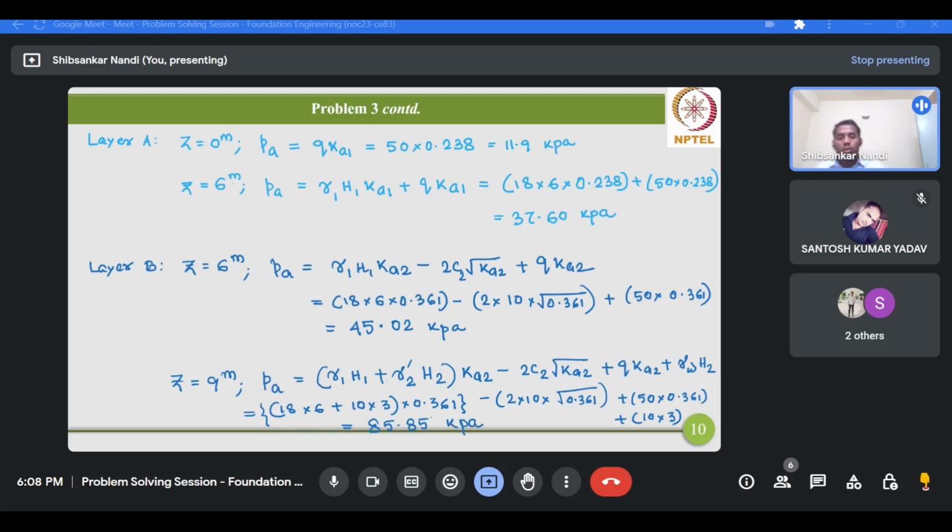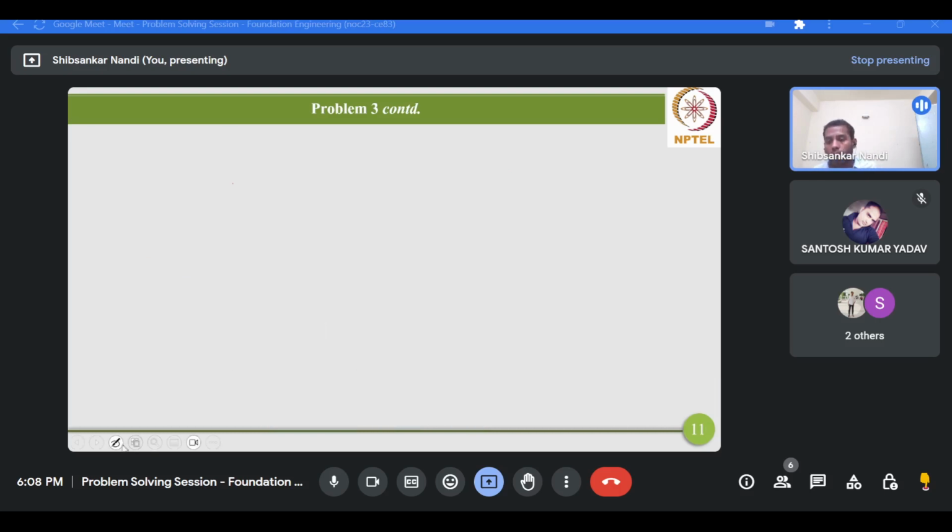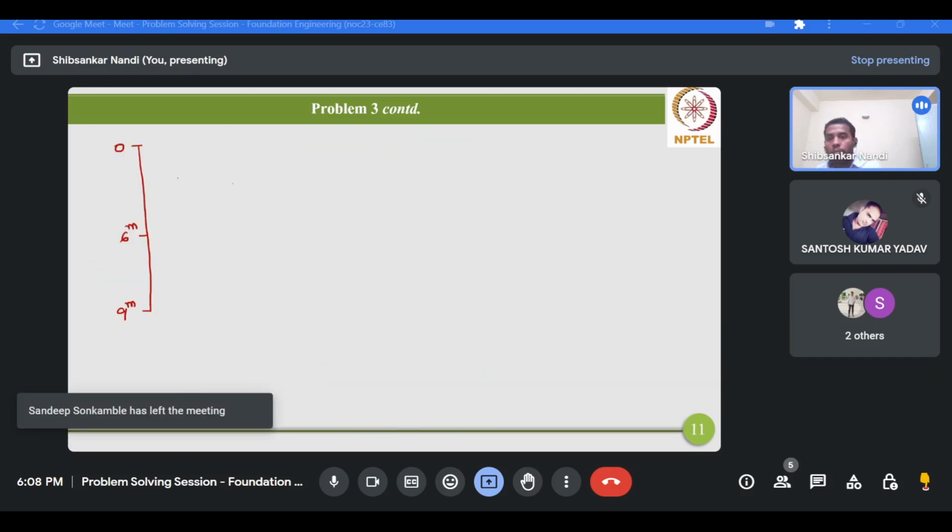Okay, so now we'll try to draw the distribution. So this is 0, this is 6, 9. We started from some value, 11.9.